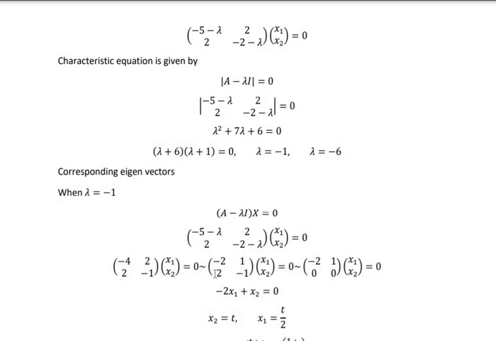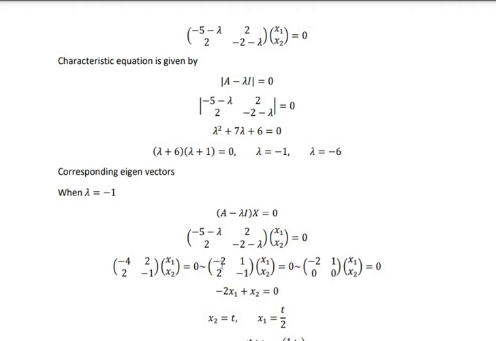Which is equivalent to, so that is minus 2. You divide the first row, minus 4 minus 2, by 2. So you multiply with 1 by 2 and you will get minus 2, 1, an elementary row transformation.